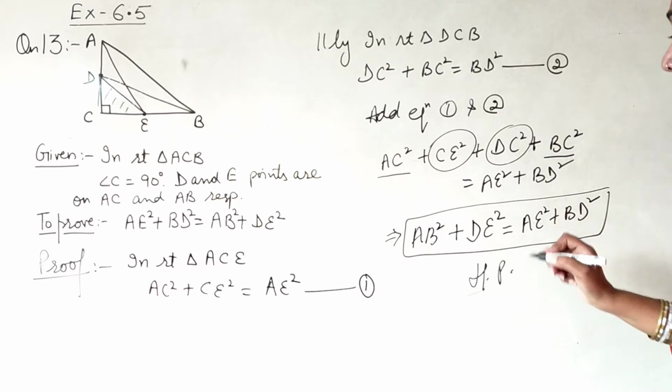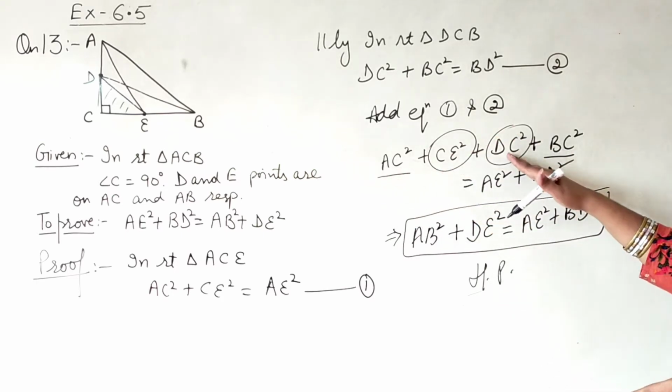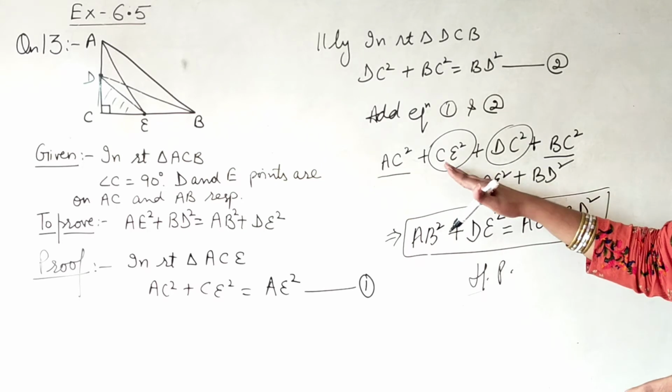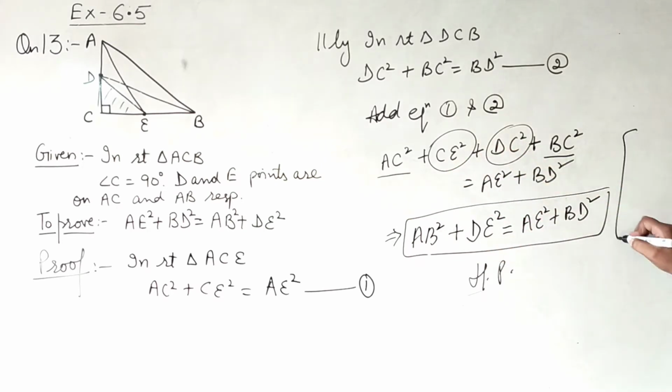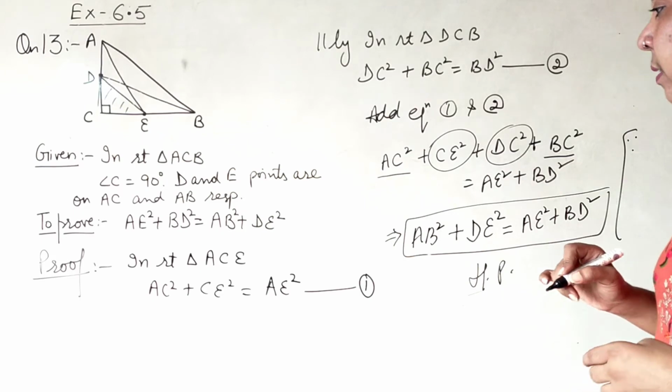But you have to write why you have written AC square plus BC square as AB square and CE square plus DC square as DE square. So I will write this in brackets here, the reason.